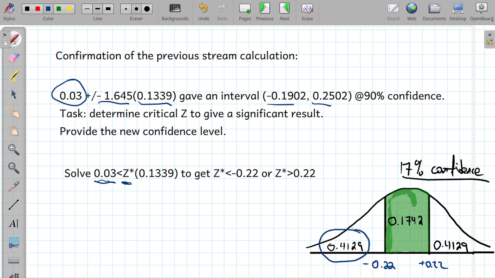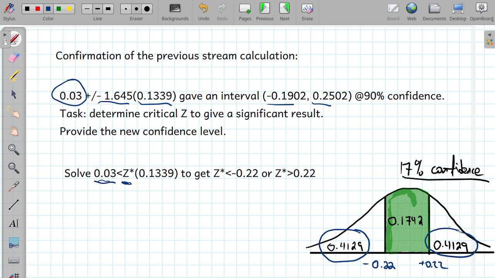Now, when you look this up on the z table, you find that this region is 0.4129, and of course, confidence intervals are symmetric, so there's another 0.4129 over here. Well, if you add those two together, it doesn't leave a lot left over. That works out to 0.8258.